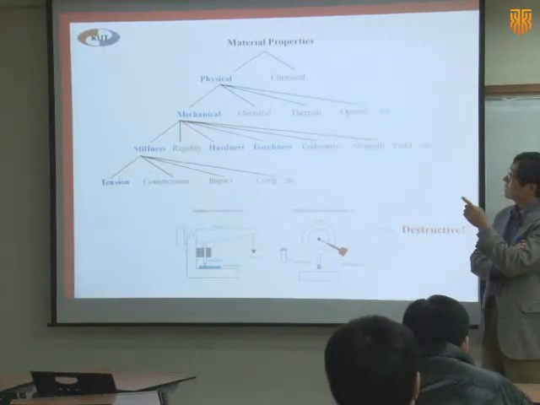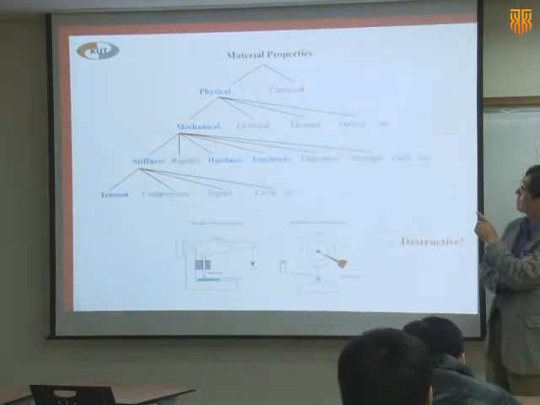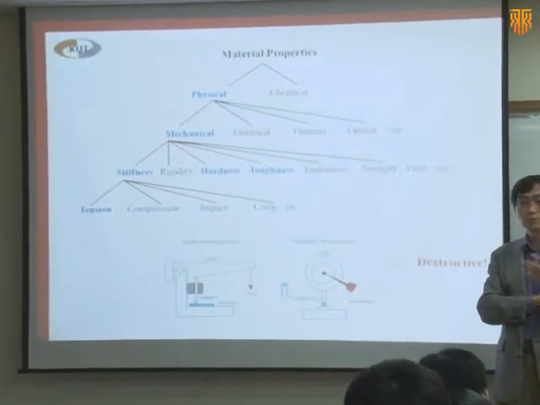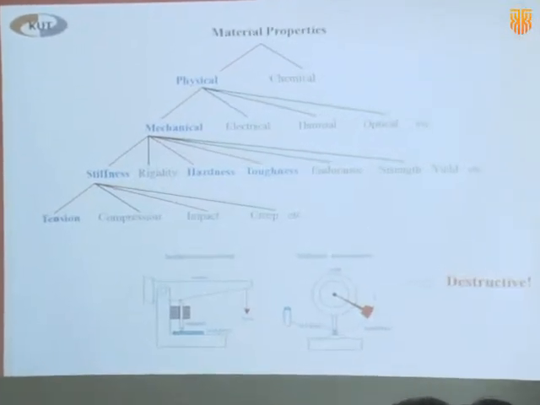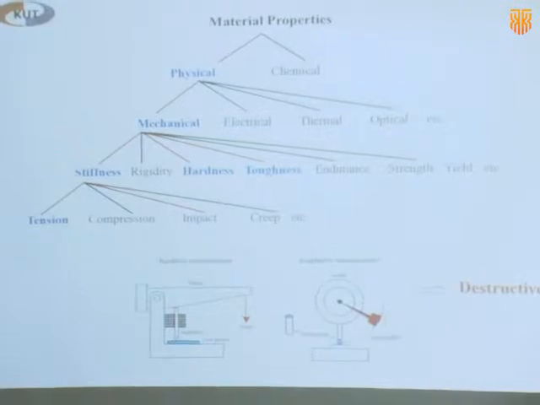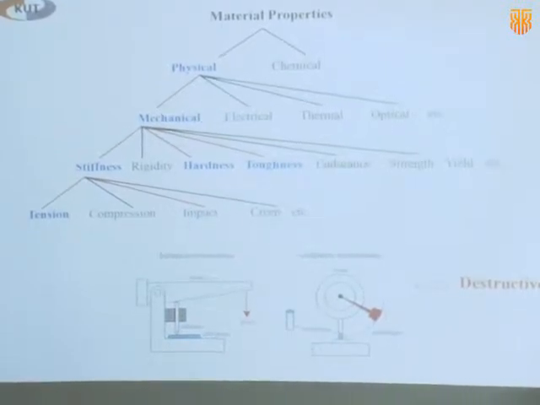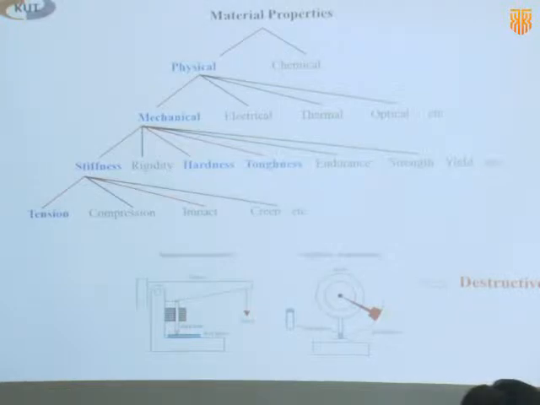But usually we are not gonna do anything about chemical property because you are all mechanical engineers or mechatronic engineers. So we're gonna have interest in physical properties. In physical properties, there are many.